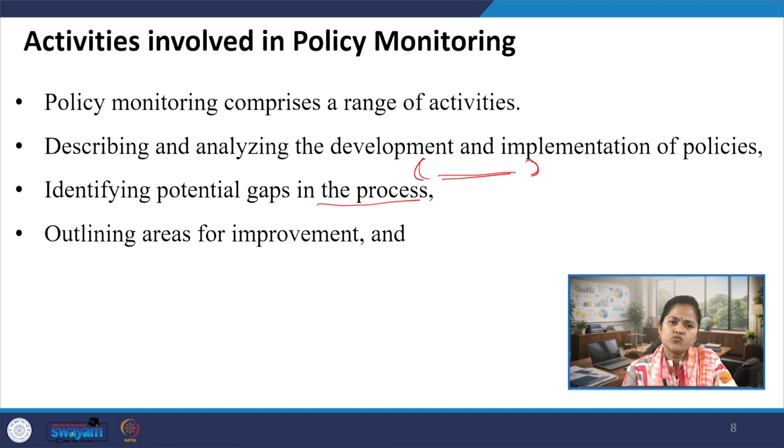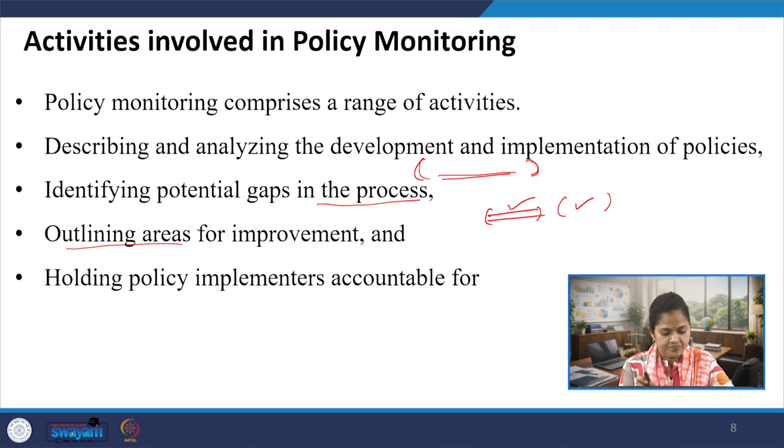Then, if there are gaps, we should also be able to identify the areas where improvement is needed and what kind of improvement is needed. So one of the activities in the policy monitoring process is outlining the areas for improvement, so that we can think about the implementers.